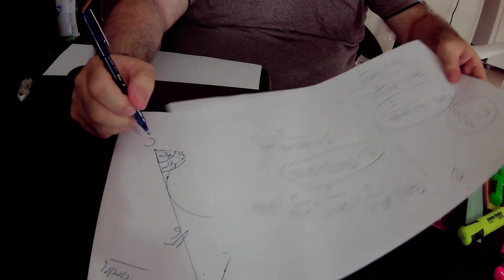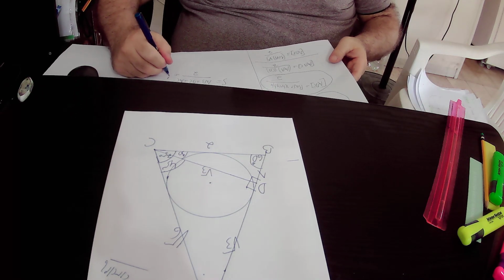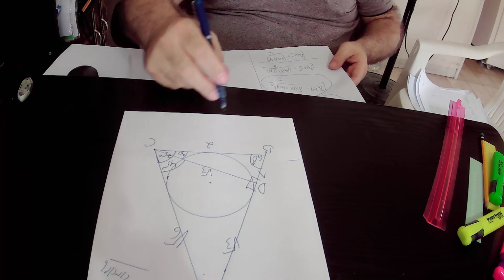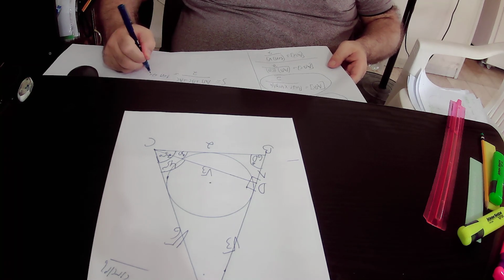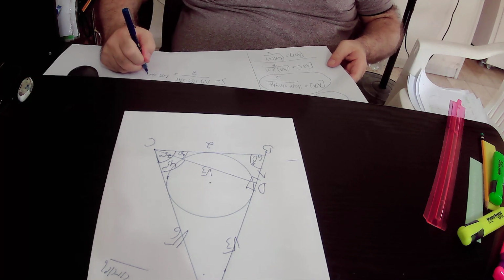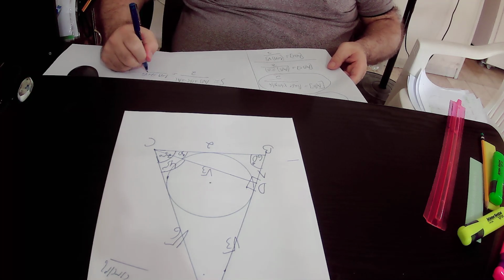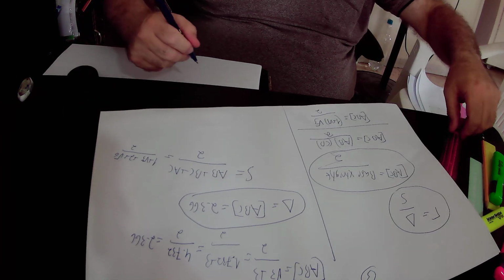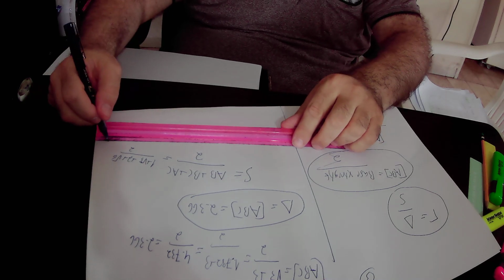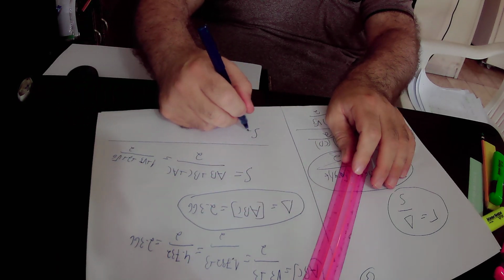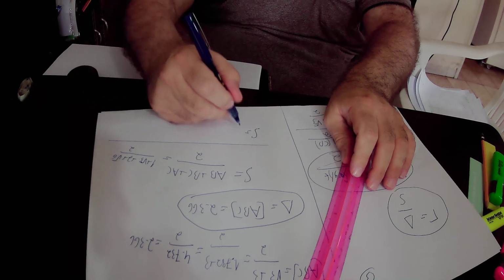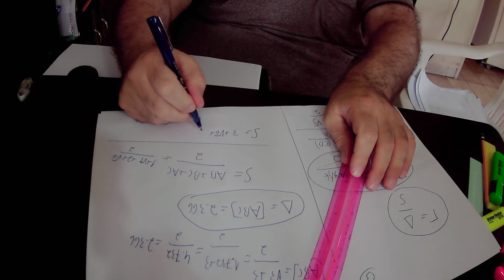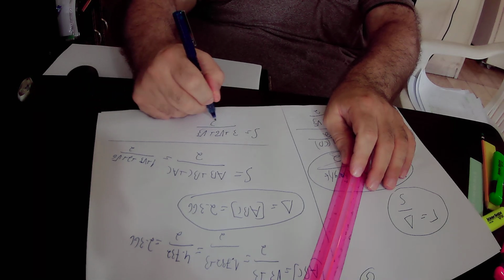So here AB is 1 plus square root of 3, plus BC is 2, plus AC is square root of 6 over 2. So in conclusion, the semi-perimeter of triangle ABC, S, is equal to 1 plus 2 is 3, 3 plus square root of 6 plus square root of 3 over 2.